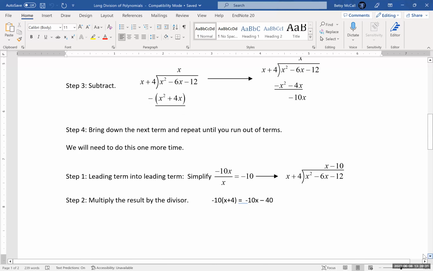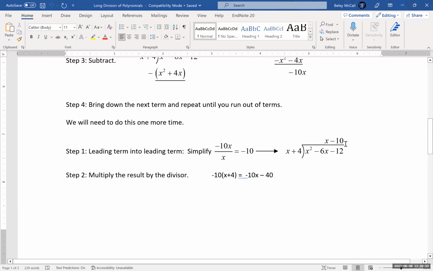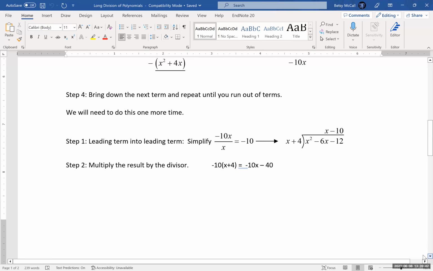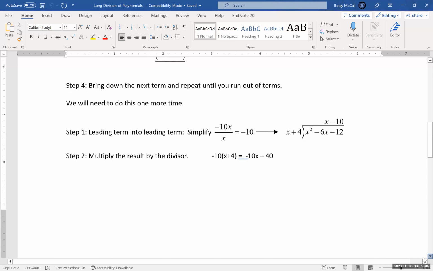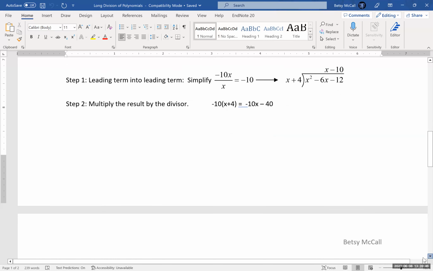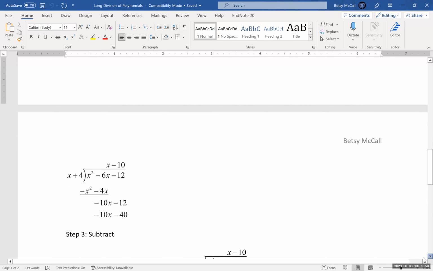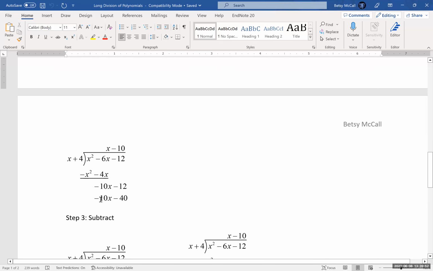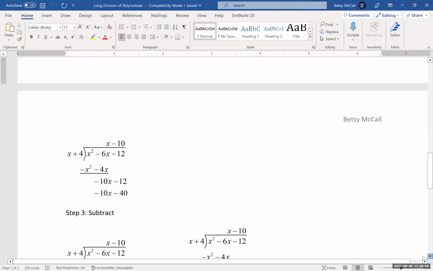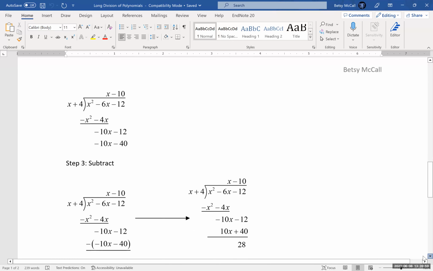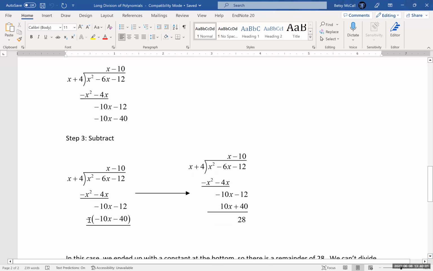And then I multiply: negative 10 times x is negative 10x. Negative 10 times 4 is negative 40. And then I have to line it up under my original problem and subtract it.